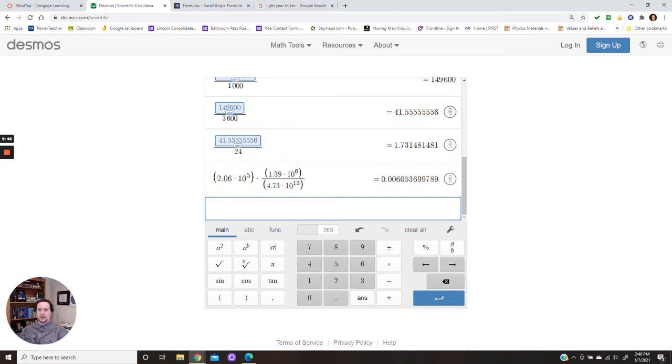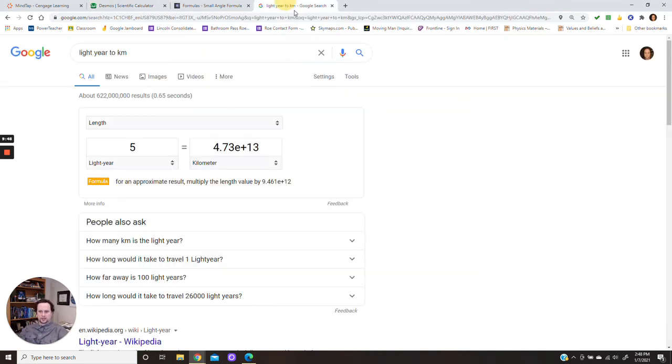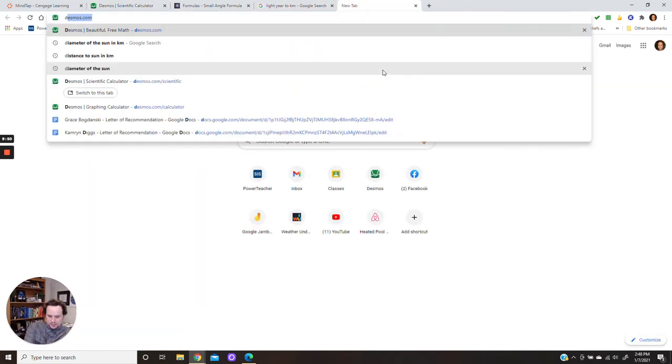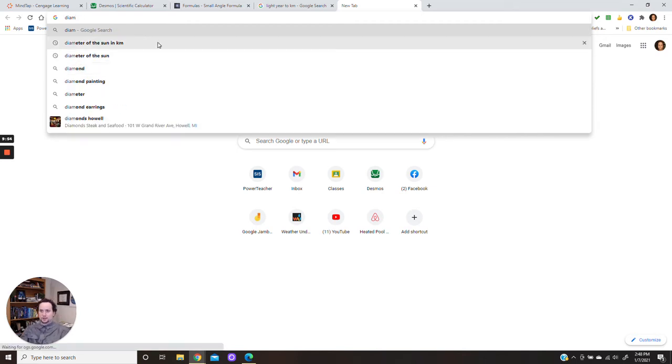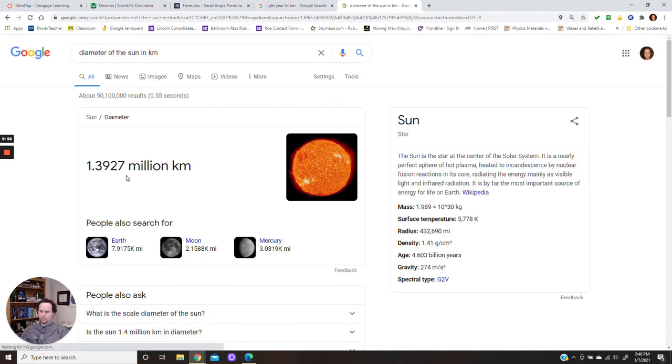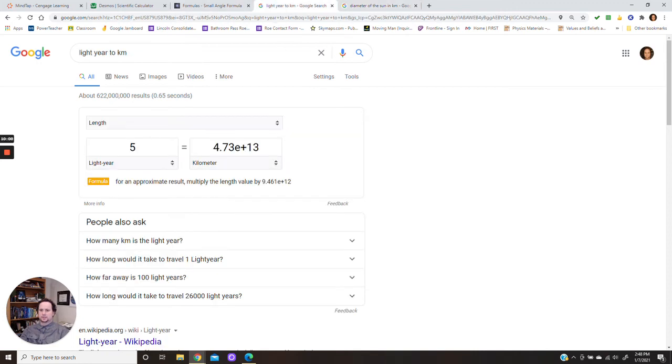That's the diameter of the sun. All I did to find that was Google it: diameter of the sun in kilometers. There we are, 1.39 million kilometers. And then 5 light years is that many kilometers. Those are the two distances I have in there.